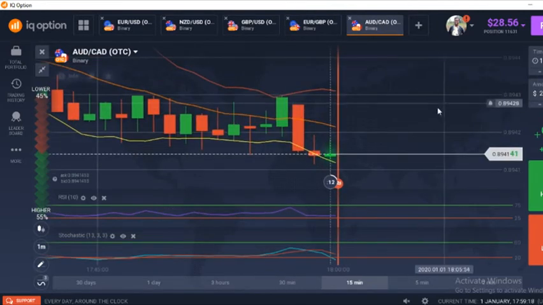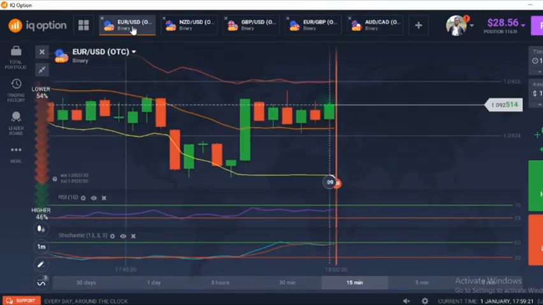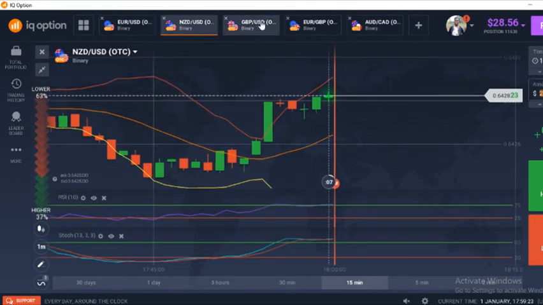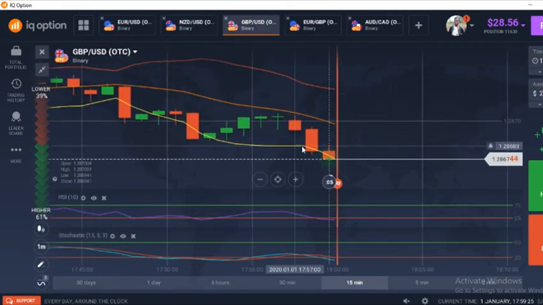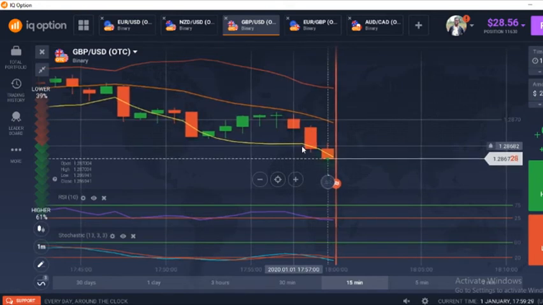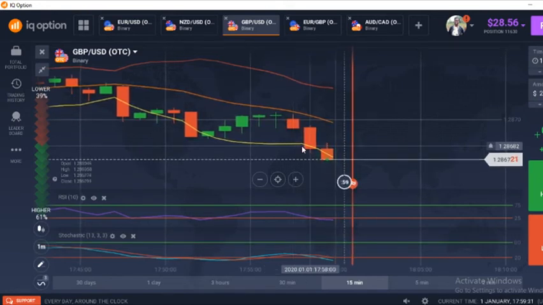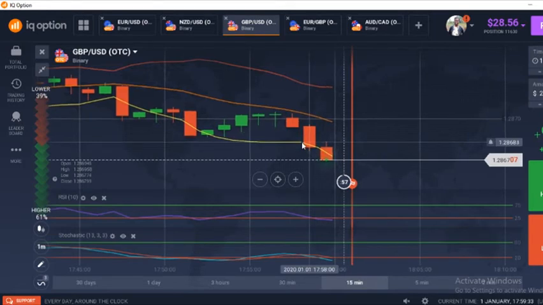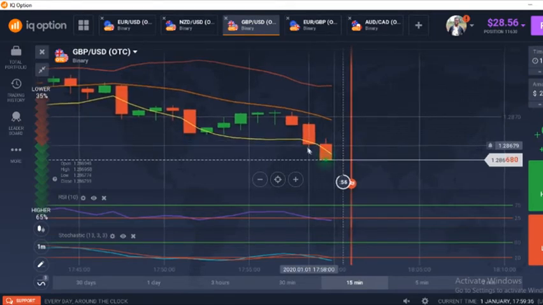Let's check here. We see a good chance. No, but it's not. I think we'll have to wait for this. If this candle forms without a tail, I will trade to higher at 32 seconds.